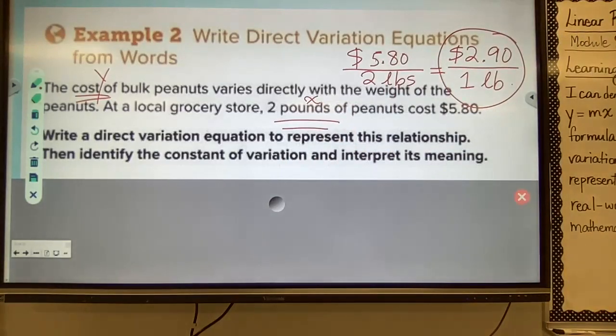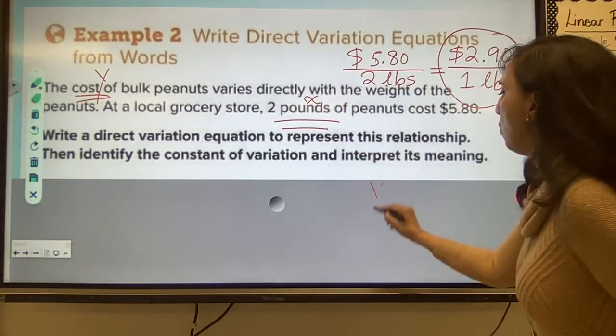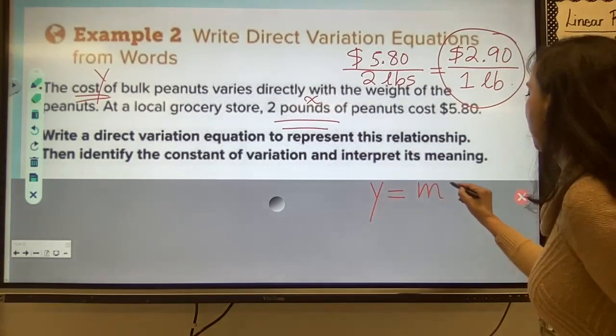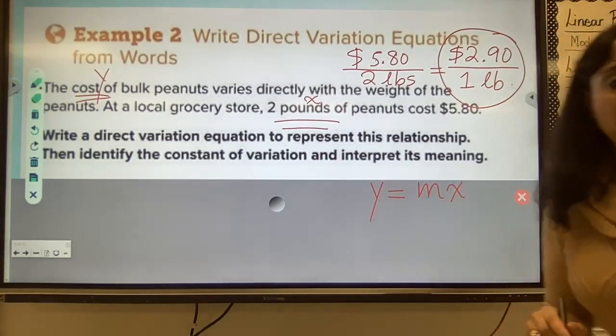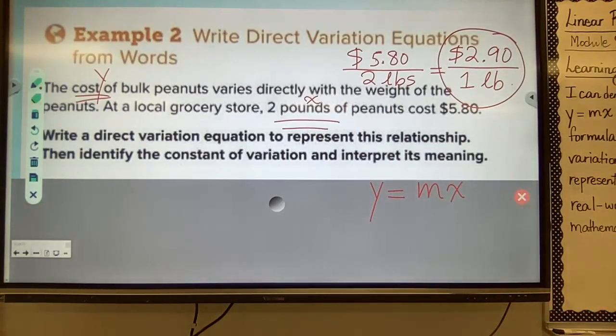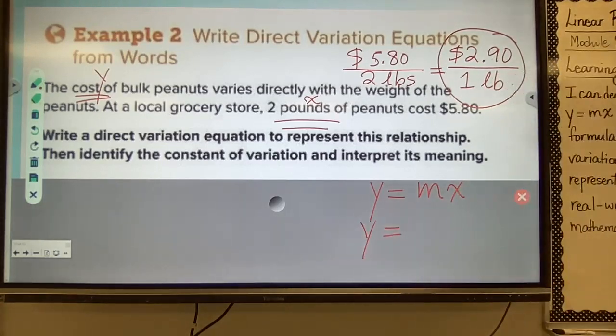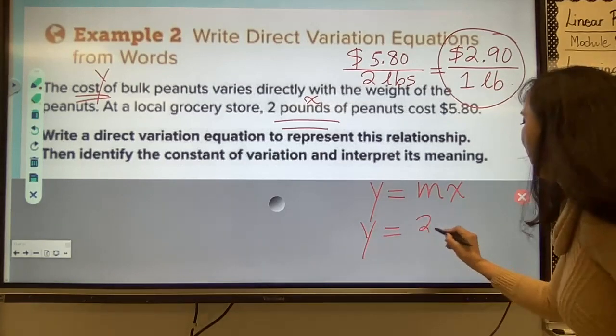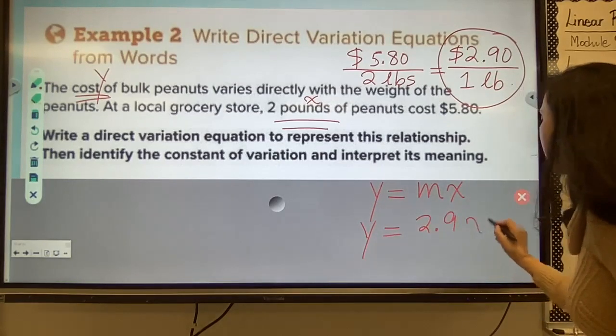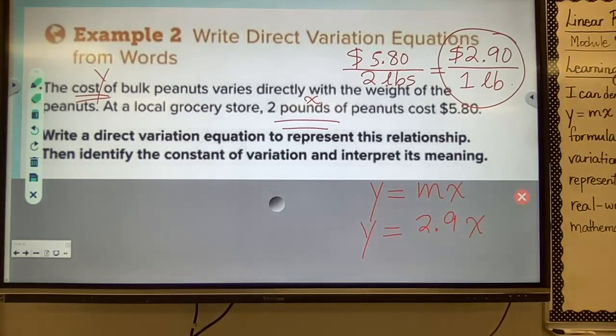And we know that your formula is y is equal to mx. So instead of m, we are going to replace it with the unit rate. So this becomes y is equal to 2 and 9/10 x. And that is my equation for direct variation.